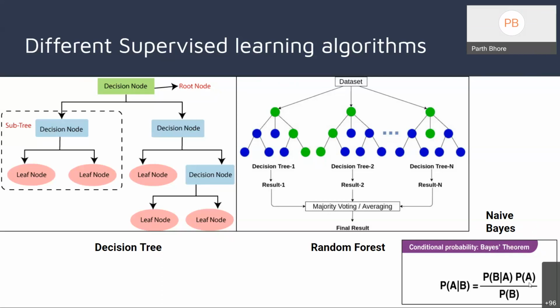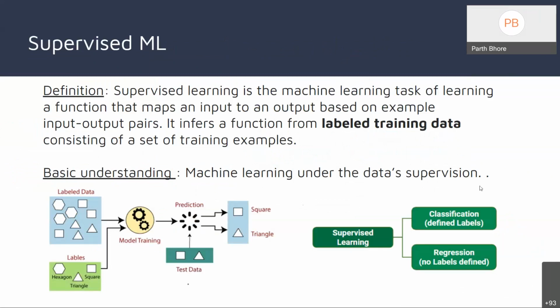And using their probabilities, the model gives its output and prediction. So these were different types of supervised learning algorithms: decision tree, random forest, Naive Bayes, and as you saw, classification and regression also.